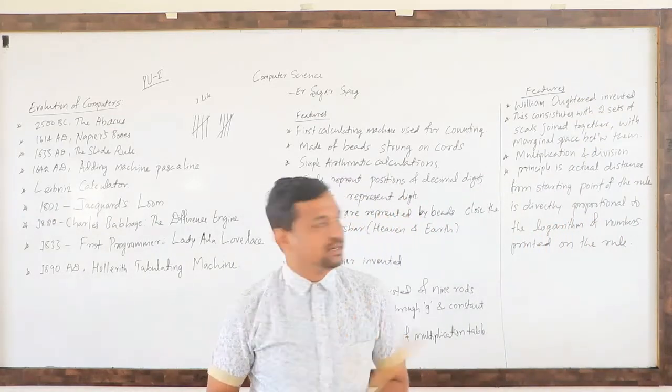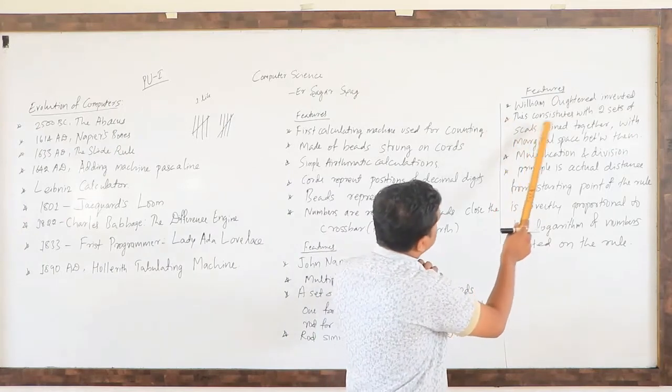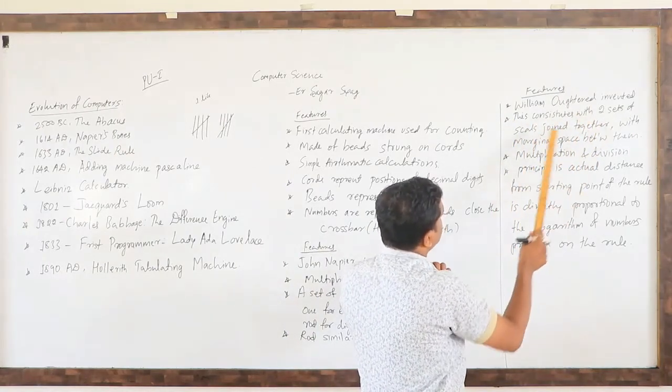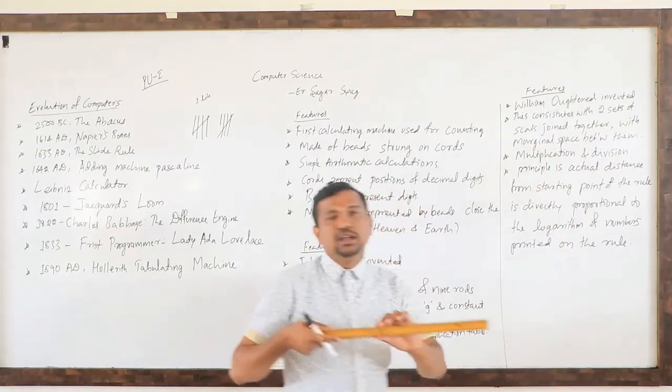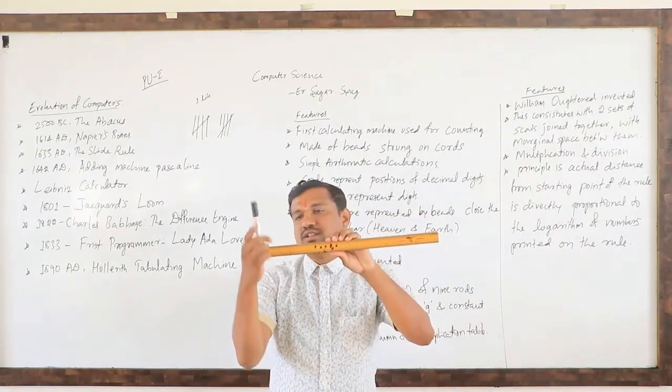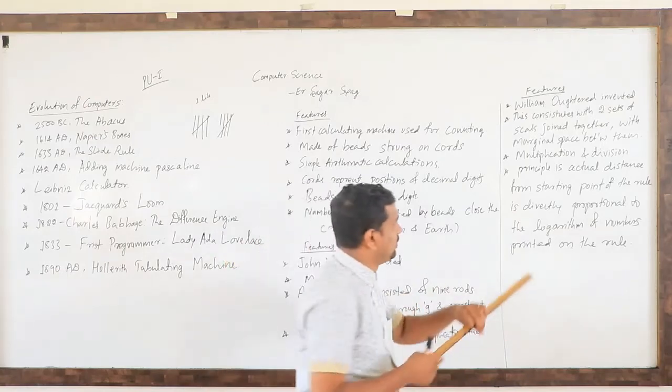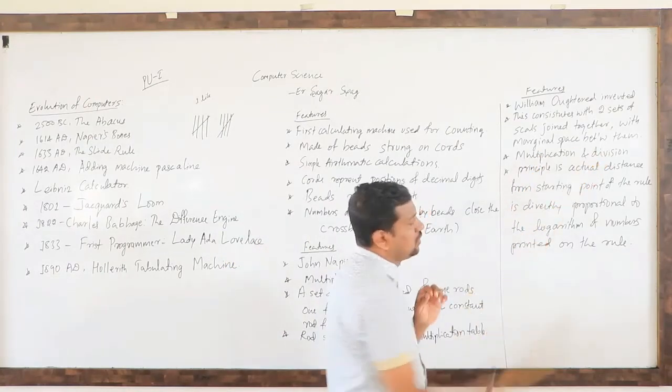The second point is that this constitutes two sets of scales joined together with marginal space between them. This is one scale, and after this there is another scale for the movement.